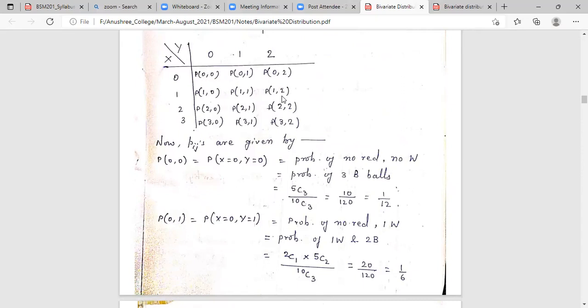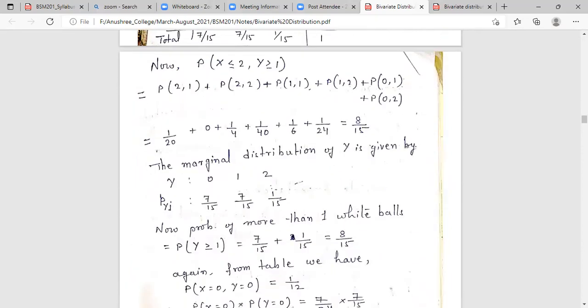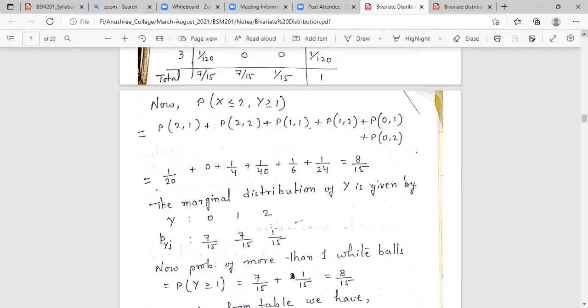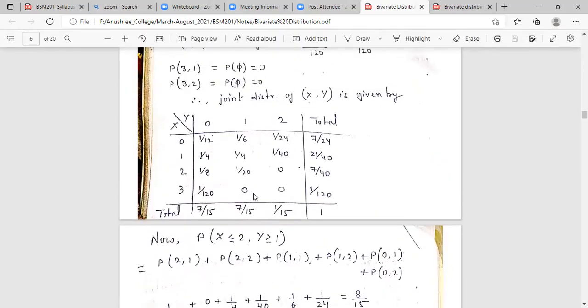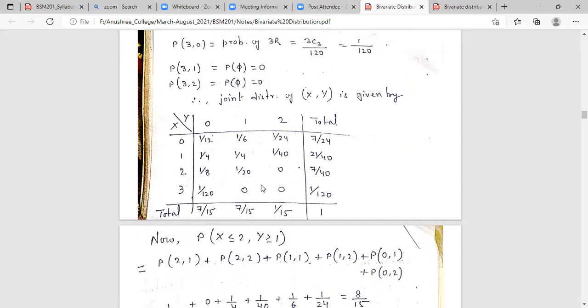Likewise, we can find the probabilities of all the entries over here. And ultimately, we will get the probability distribution table like this. This is our probability distribution table. All right. Now we need to find the probability X less than or equal to 2 and Y greater than or equal to 1.